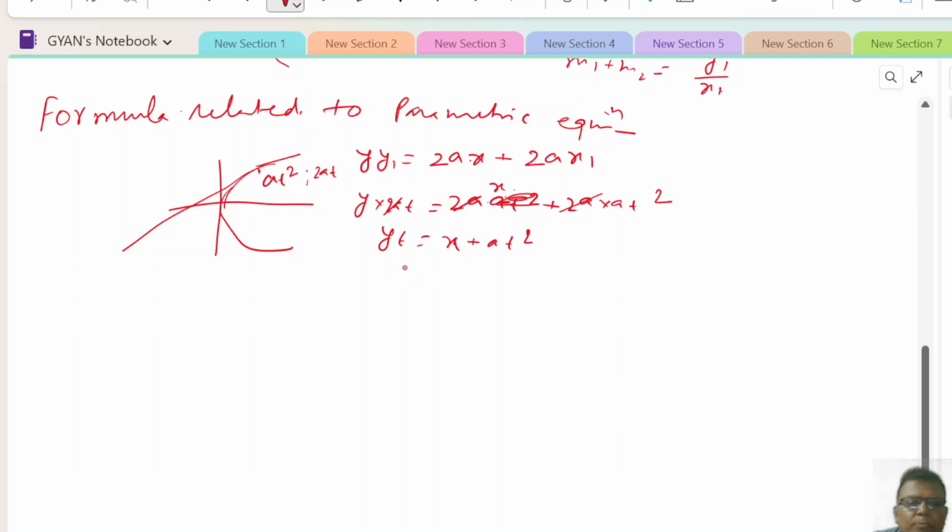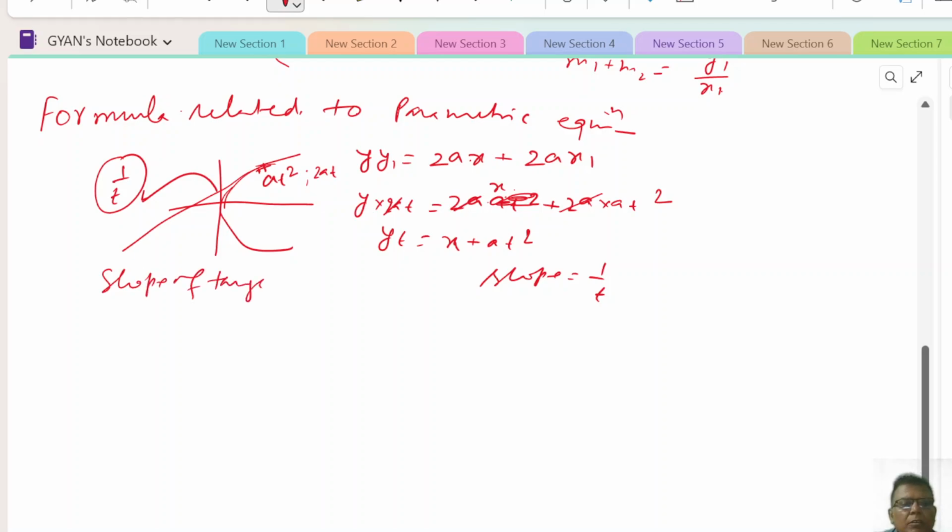So what is the slope? Slope is 1 by t. So if this point is at square, that means the slope of this tangent is 1 by t. This is the first formula: the slope of tangent is equal to 1 by t, m is equal to 1 by t.